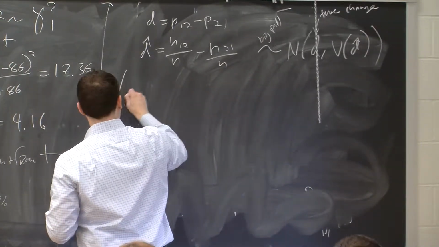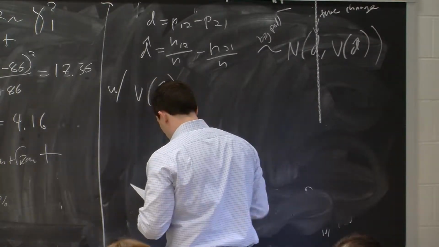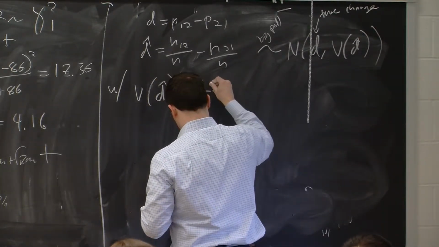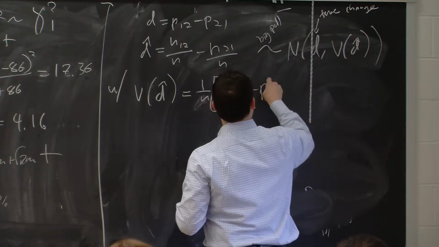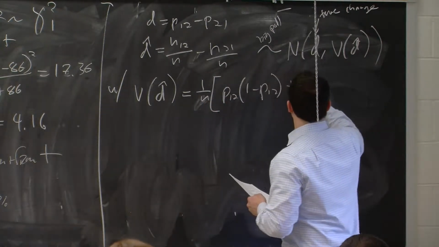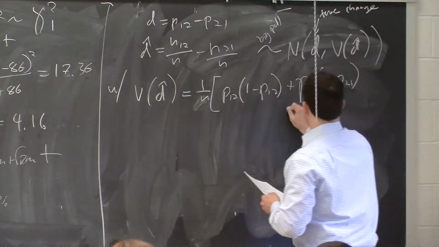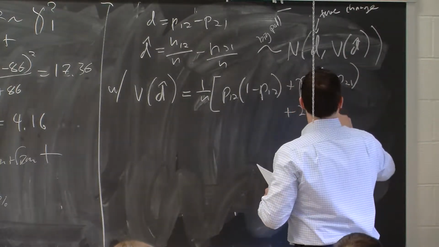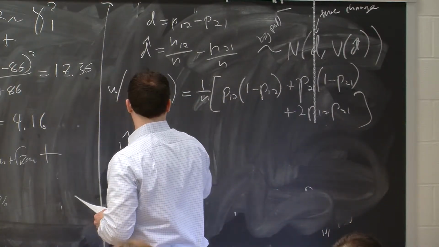And the variance of d hat is 1 over n. It's in the notes. P12 times (1 minus P12) plus P21 times (1 minus P21) plus 2 P12 P21. And we, of course, don't have access to that true variance.